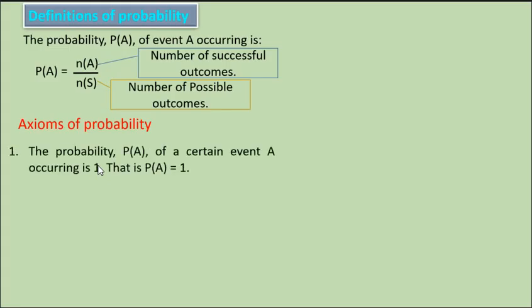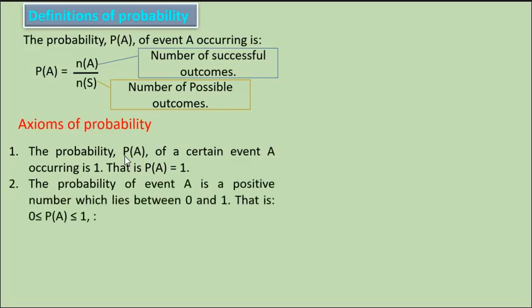Number one, the probability P(A) of a certain event occurring is 1. When we are very sure that an event will occur, that event will happen, the probability is 1. That is the probability of a certain event. Number 2, the probability of an event A is a positive number. It can never be negative. So if you are solving a problem and you have a negative answer for probability, my friend, you are wrong.